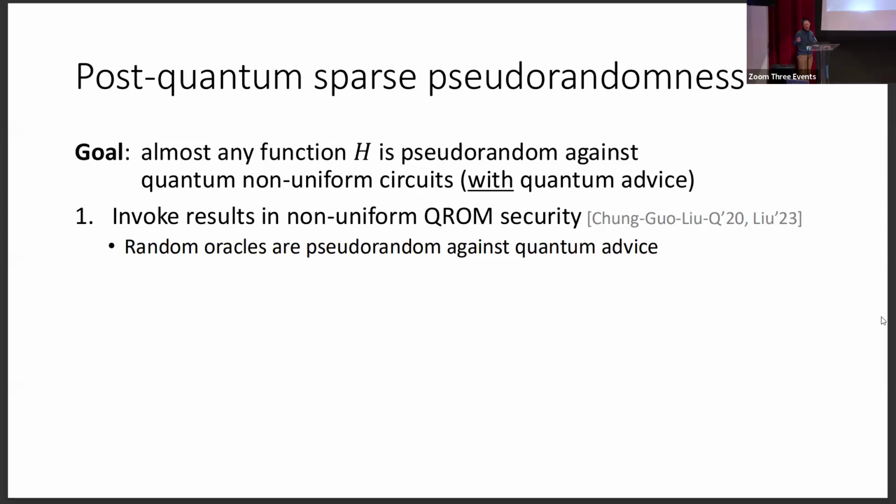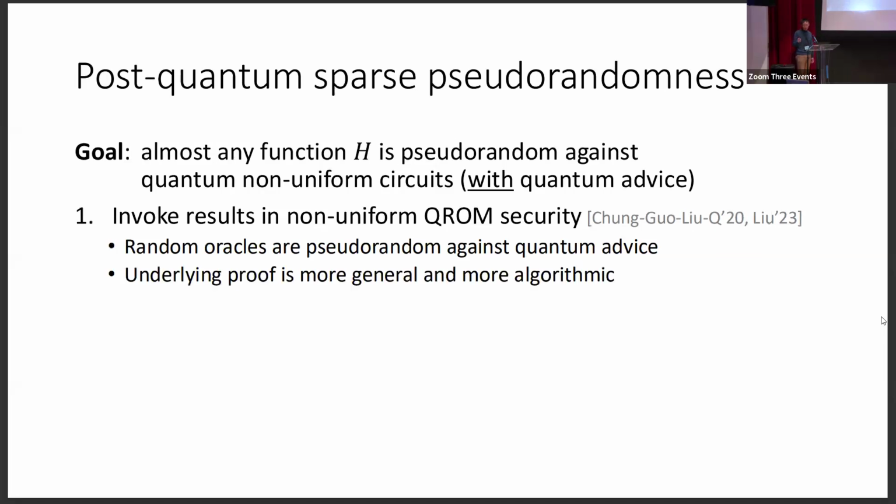It was shown in prior work that a quantum random oracle, meaning a random oracle with quantum queries, is pseudo-random even against quantum non-uniform attackers. We can suitably adapt this proof to show that this is true even in this quantum auxiliary input setting. And I should say that this proof actually uses a very general framework that can prove all kinds of non-uniform security in the quantum random oracle model.